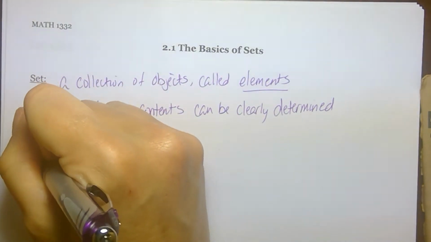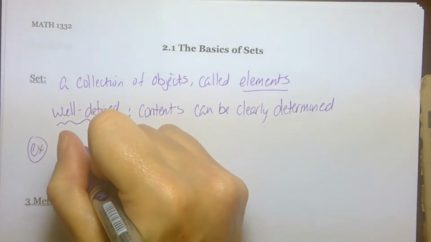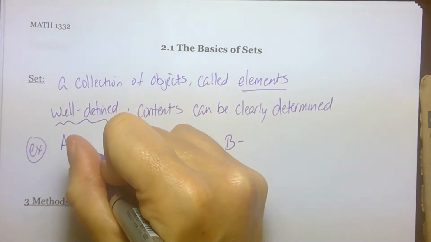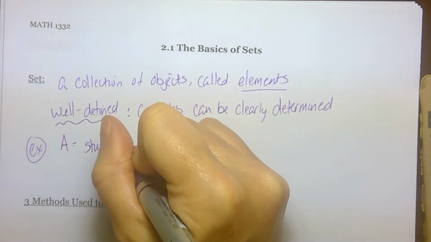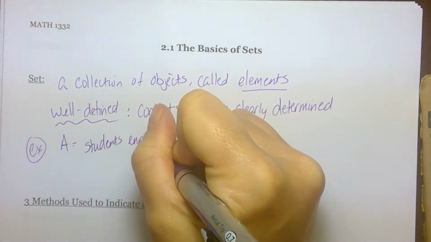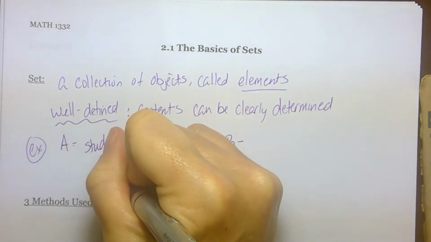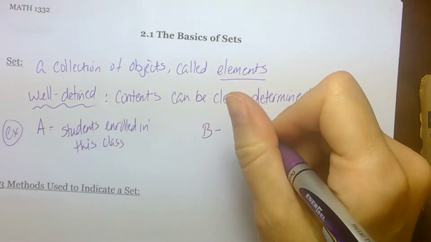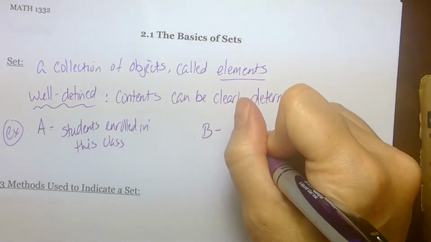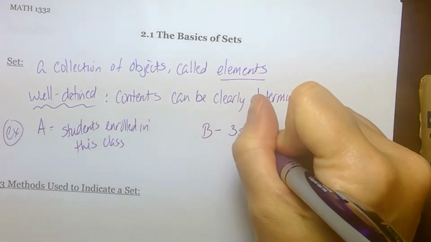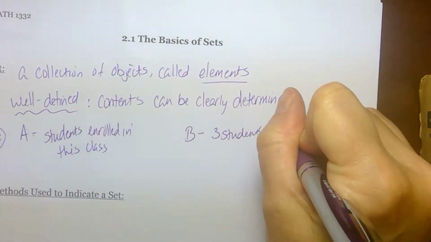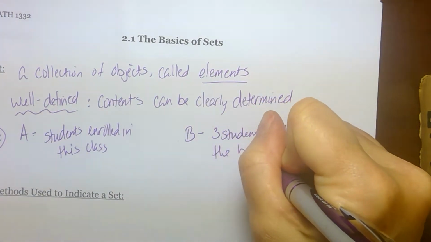For example, if I have two sets, set A and set B, set A is the set of students enrolled in this class, and set B is the set of the three students with the best shoes.